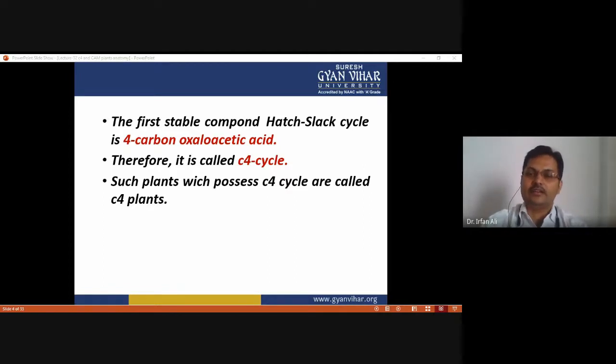It is very clear why these plants are called C4 plants. The earlier name given during the discovery of this pathway is the Hatch and Slack cycle. Sometimes the cycle is asked in examinations by the name Hatch and Slack cycle, so do not get confused. Whether it is the C4 cycle, C4 pathway, or Hatch and Slack pathway, all are the same thing.